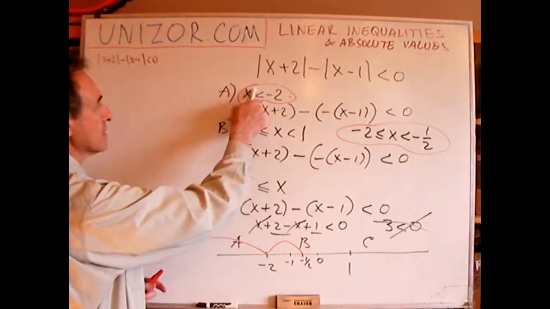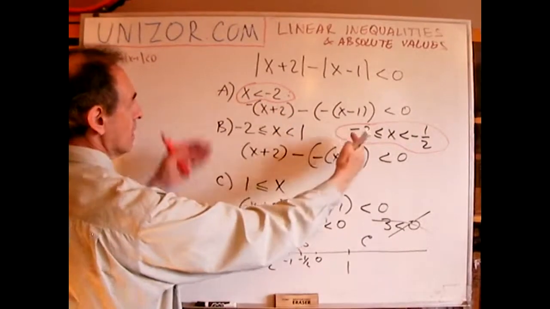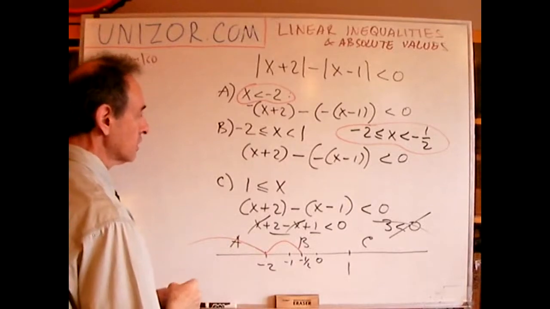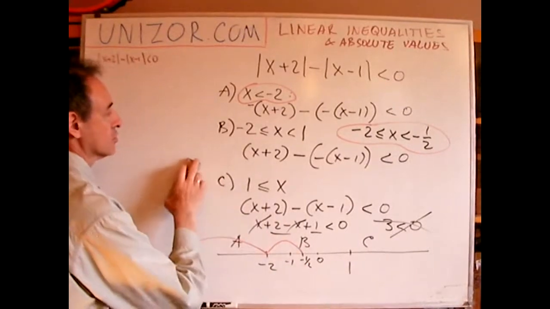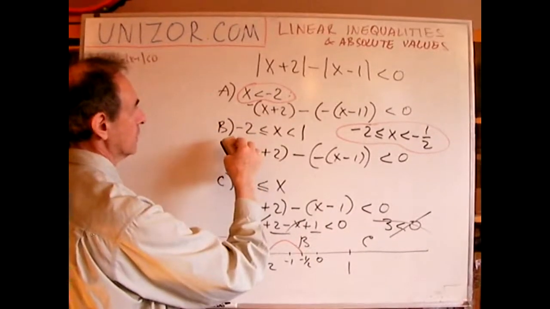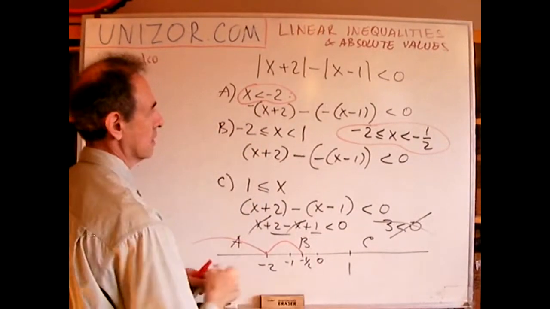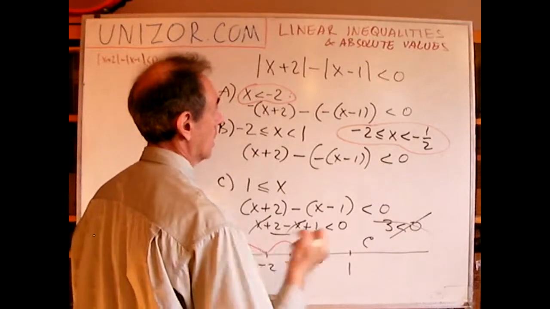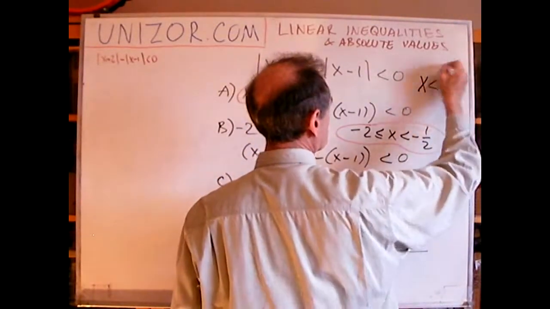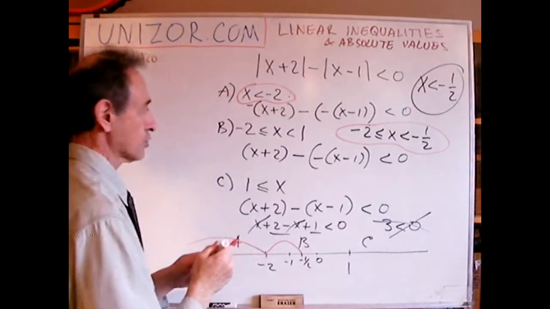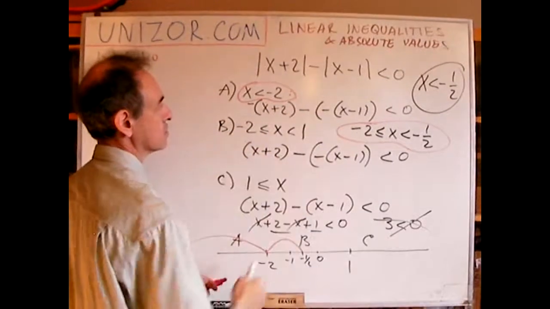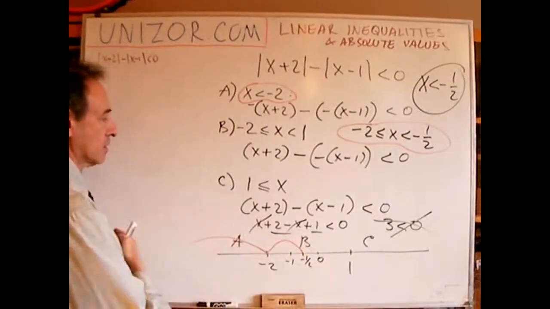So we can combine this and this because they are basically glued together, these two areas, and we can conclude that the whole solution to this particular inequality is x less than minus 1/2. This is a total solution, which we have found by combining these two. Everything to the left of minus 1/2.